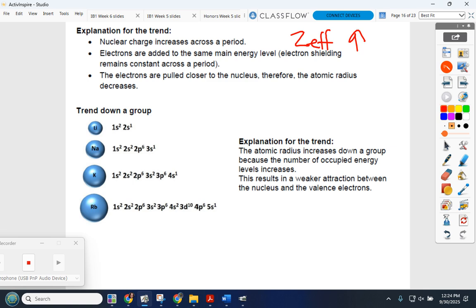Our effective nuclear charge increases as we go across, and that plays into our force of attraction. So since we define the radius, there's a lot of ways to define a radius of an atom. When we talk about just a sphere in math and geometry, radius is just the distance from the center to the outside.